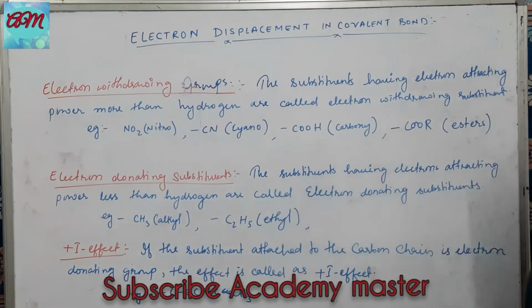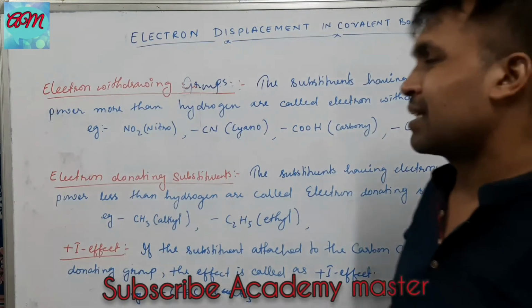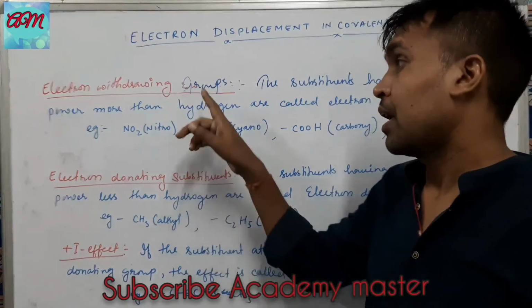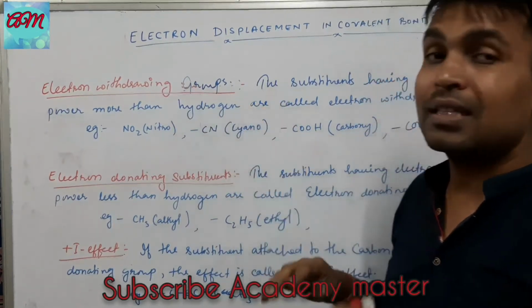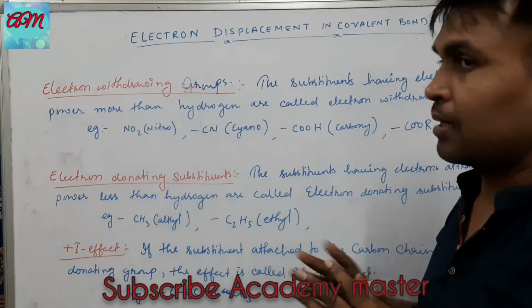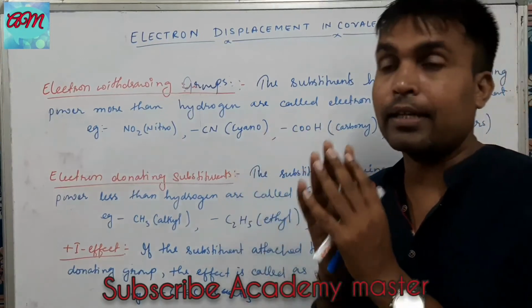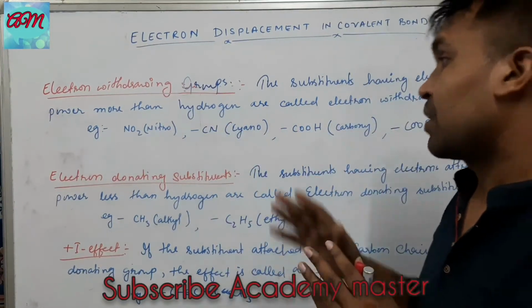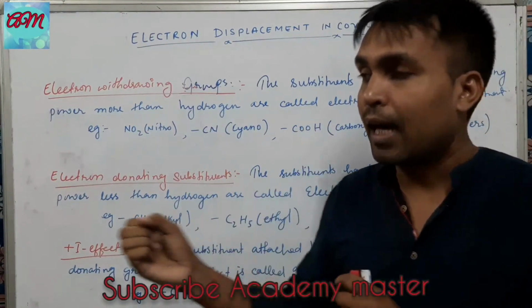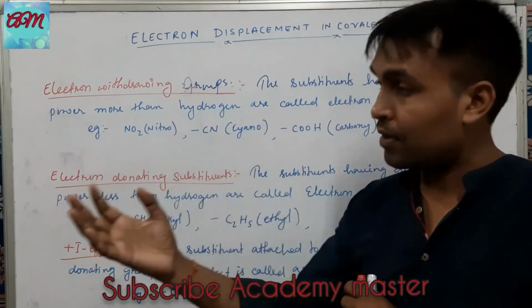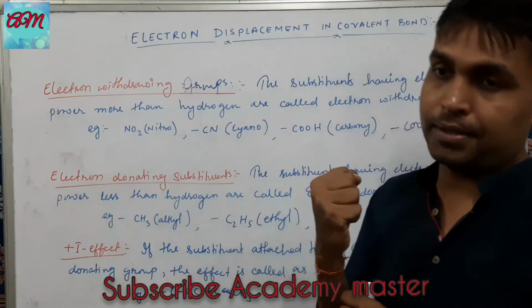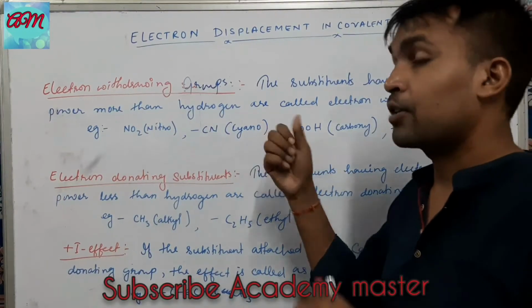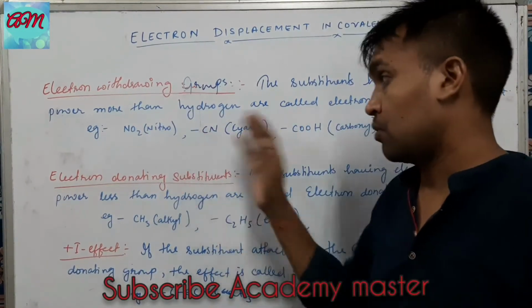It's the same. Next, in simple language, electron withdrawing groups are nothing but just like beggars. They are electron deficient compounds, electron deficient groups. They are always in need of electrons, always in search of getting electrons from others. So they are electron deficient groups.